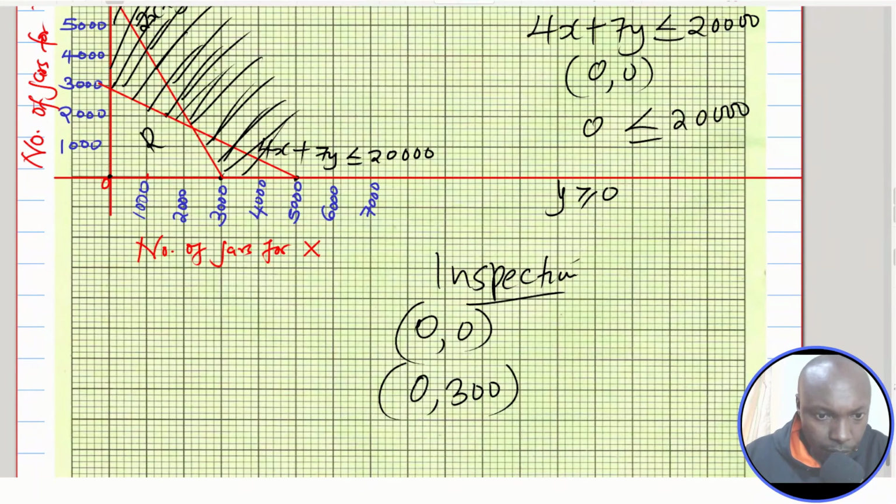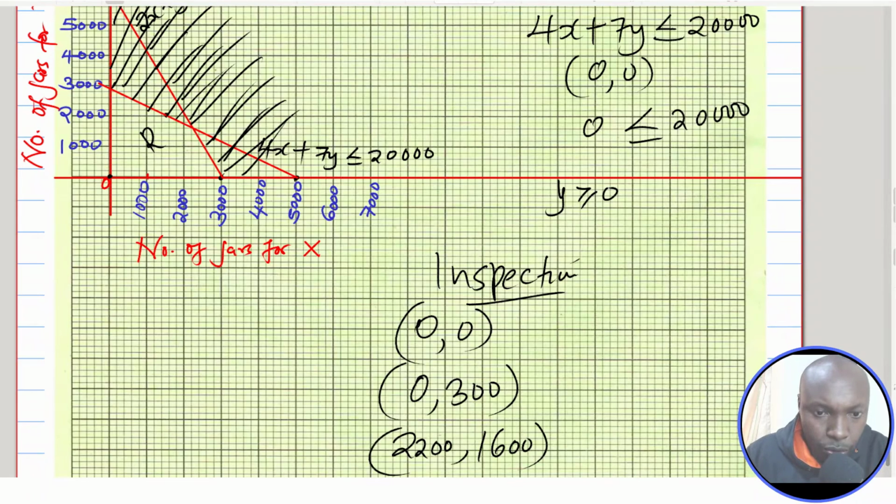Then we also have this point here, the intersection of these two lines. On the scale, one small square is 200, so this one will be 2,200. Then going up, we have 1,200, 1,400, 1,600.